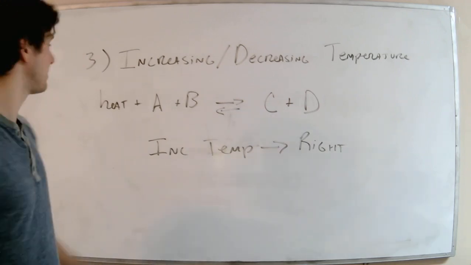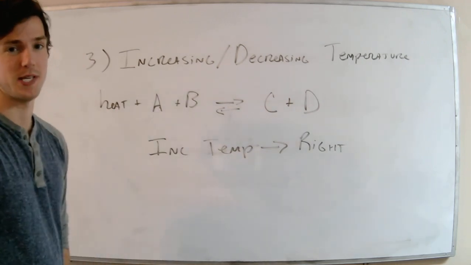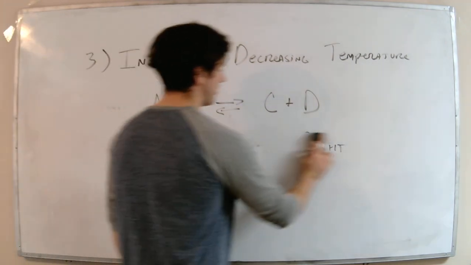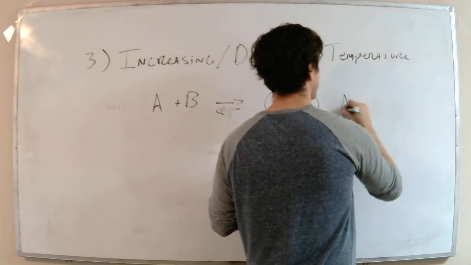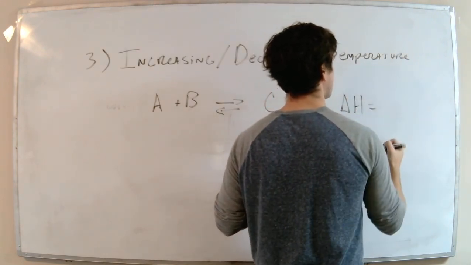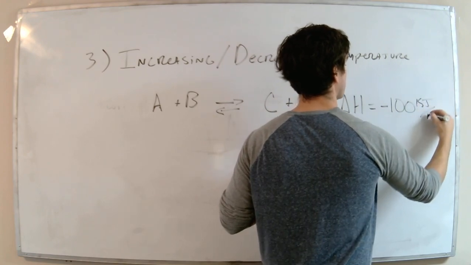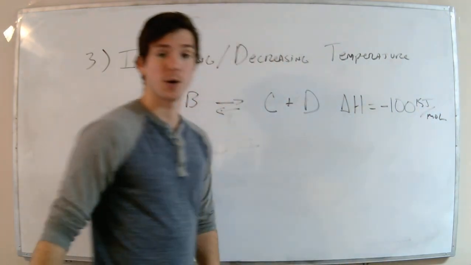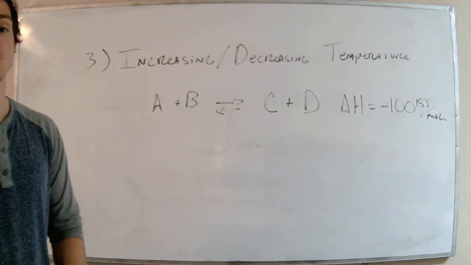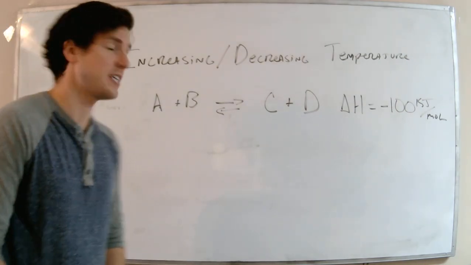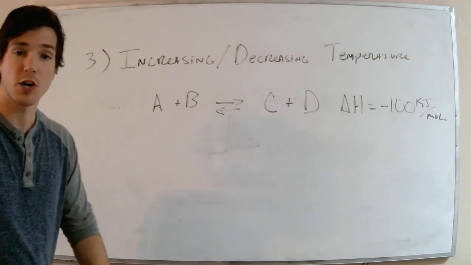But it's not going to be so nice, right? It's not just going to show you heat right here. Usually it's going to show you this in terms of delta H, which let's say at this point is negative 100 kilojoules per mole. So now I'm giving it to you in the standard way that you'll see it, and it says negative 100 kilojoules per mole.